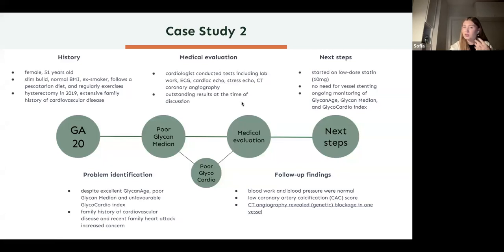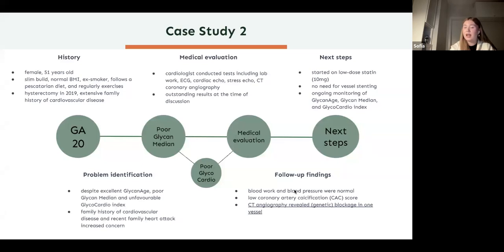We directed her to do the testing again because the poor glycan median and unfavorable glycocardio index really pointed us towards that there is something probably going on with her cardiovascular system. Although it doesn't have to mean that she already has some cardiovascular issues, she is definitely prone to developing them. So she did listen to us.